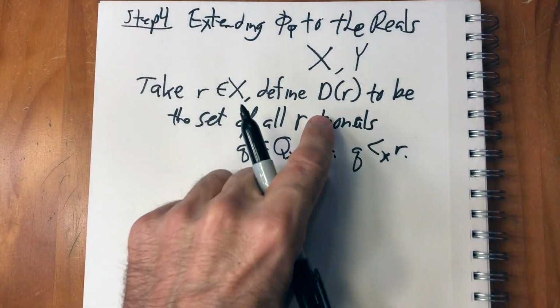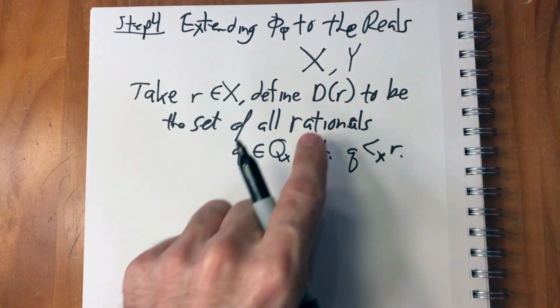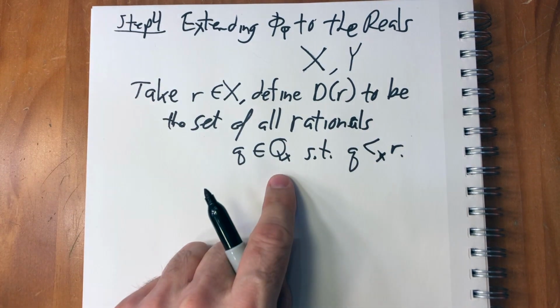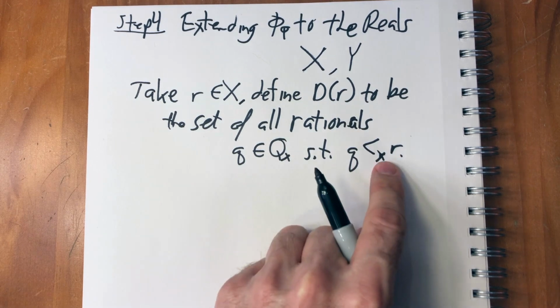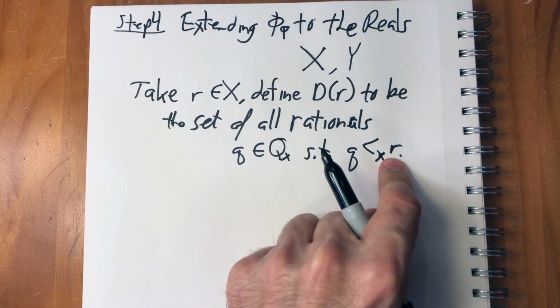Okay, so in other words, this is basically a Dedekind cut. For whatever the number is, it's the set of all rationals to the left of that number, that are less than that number.